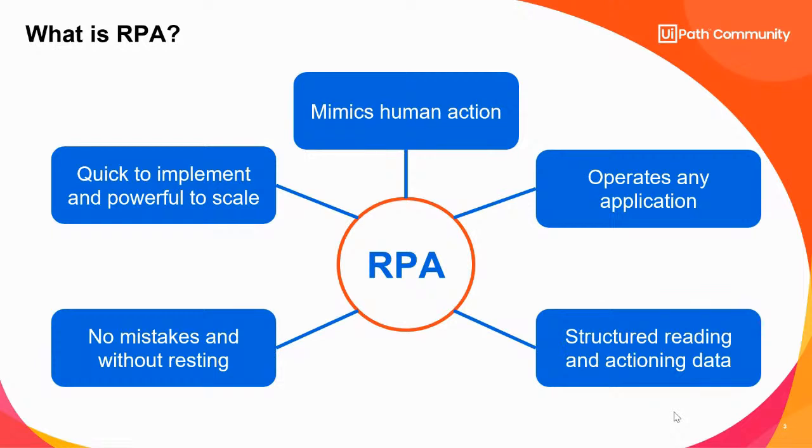What does this mean? Any data which is in a very structured form could be processed via multiple teams. You don't need to spend too much time there. The robot can easily understand the structure of the data and start actioning whatever you need to do on them. The last but not least, no mistakes and without resting.